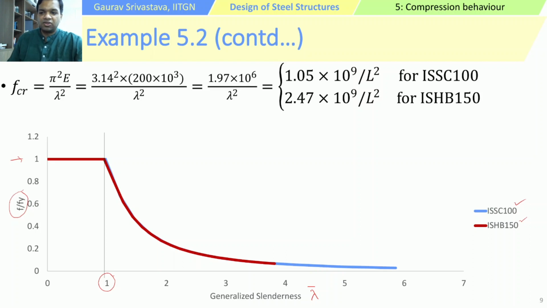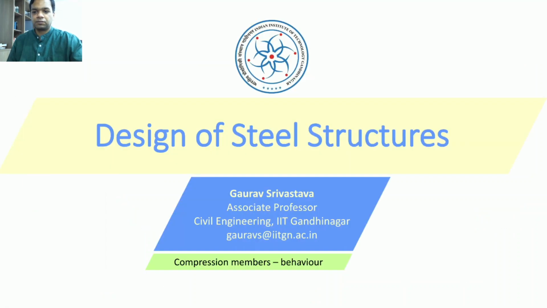So this is one advantage of using generalized slenderness and normalized failure stress for plotting column strength curves. In this way, all the sections and all the possible lengths of a column can be harmonized into one single figure. This is how ideal or theoretical column curves can be developed. But of course, the behavior of real columns is a little bit different, which is what we will consider in the next session.